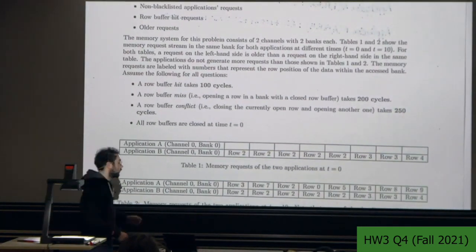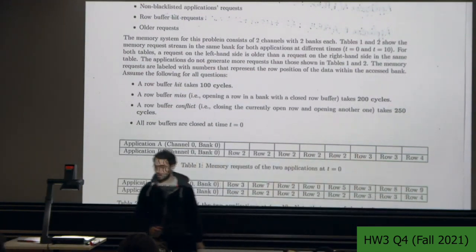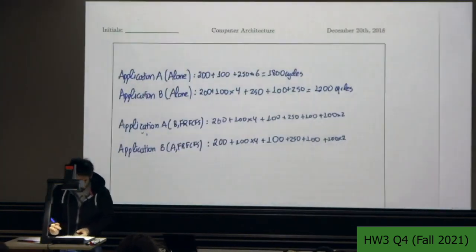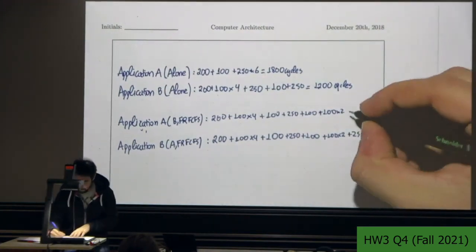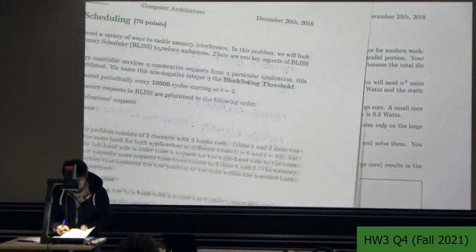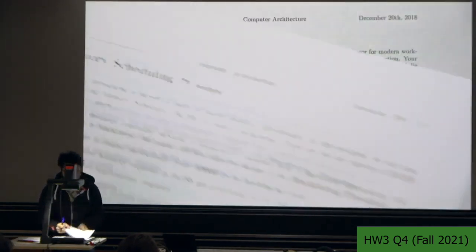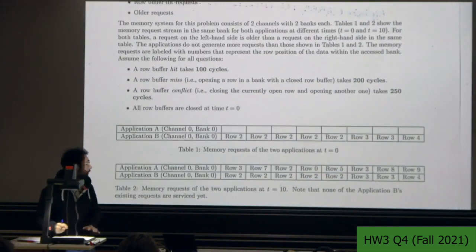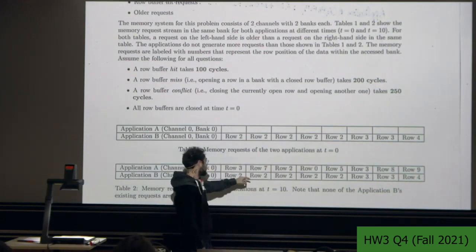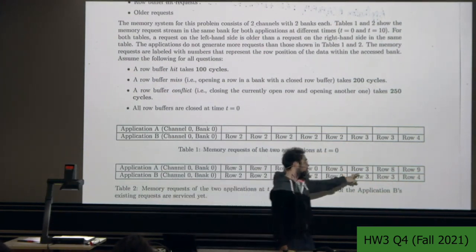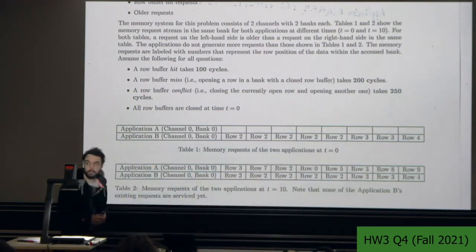Then we need to service row 4 because it's the oldest one. There is no other ready request, and we need to service row 4. So to service row 4, we need to pay 250 cycles more for both. And then, how many requests are missing from application A? Because we did not execute all the requests. We executed 3, 2, and 3. So we need to service requests 7, 0, 8, 5, and 9, which are 5 requests, which are all in different rows, which means 5 conflicts, right?